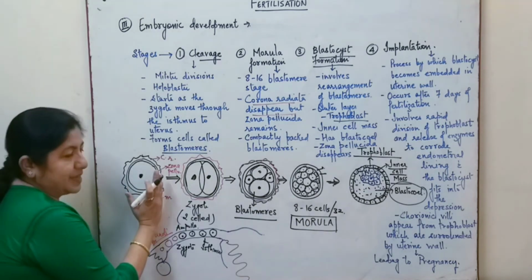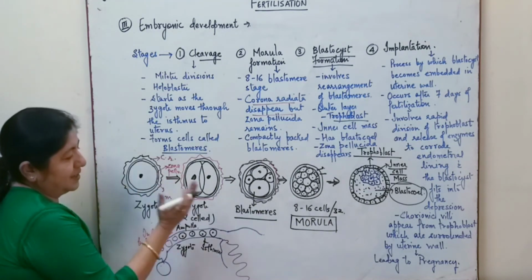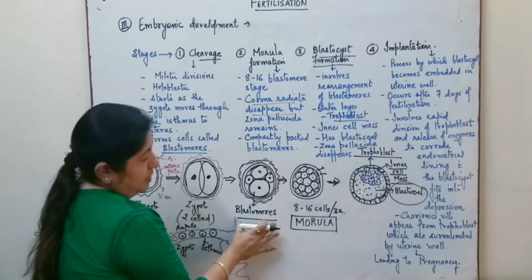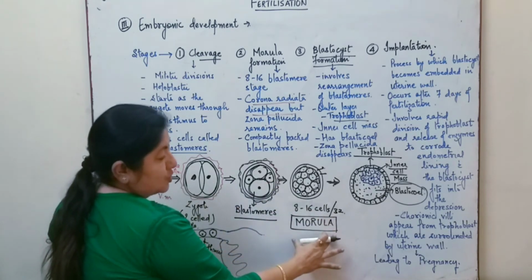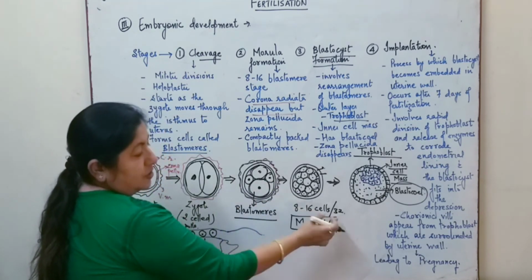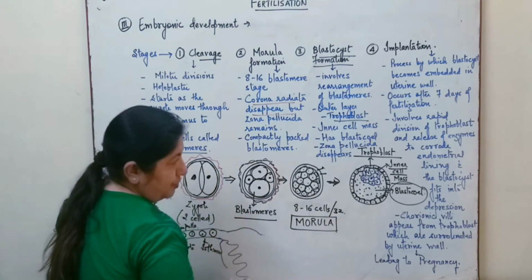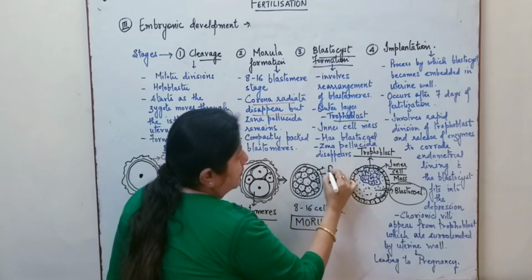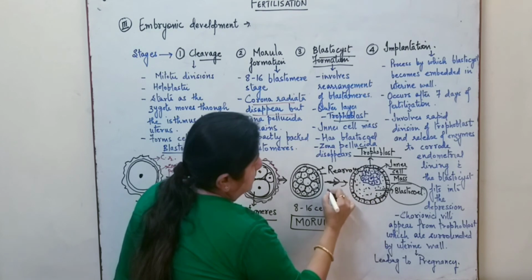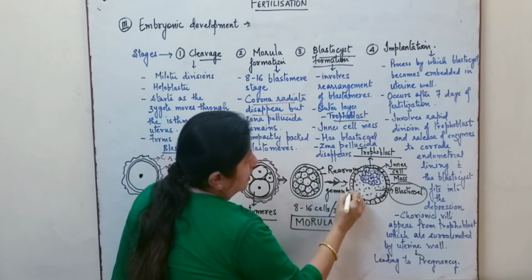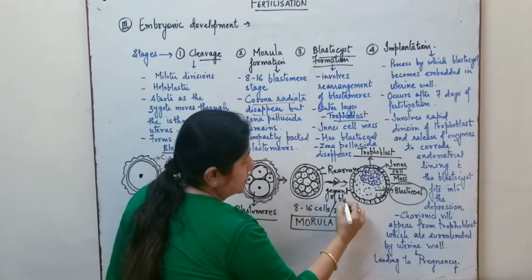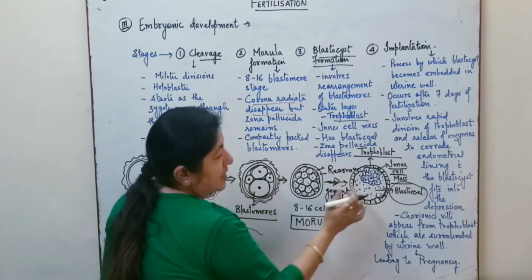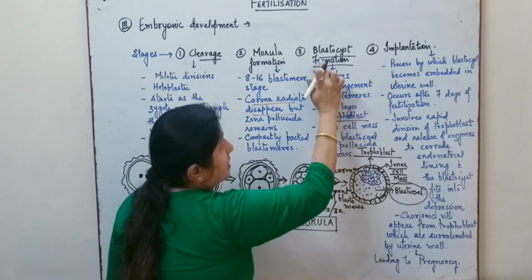So we see that the zygote moves from a single cell to the two cell stage to the 4 cell stage, that is the blastomeres which are being formed, to a compact structure of 8 to 16 or maybe 32 cells, which is known as morula. And in this morula, there is a rearrangement of blastomeres, and it results in the structure which is known as blastocyst.